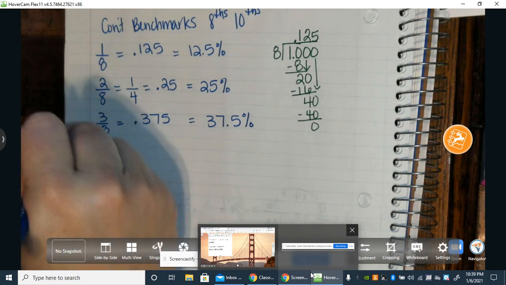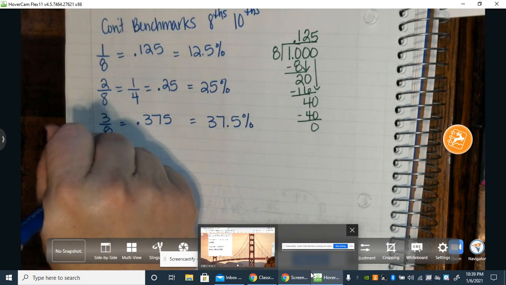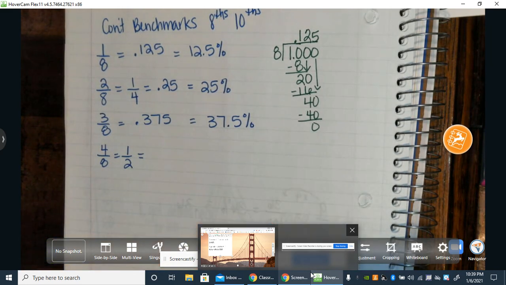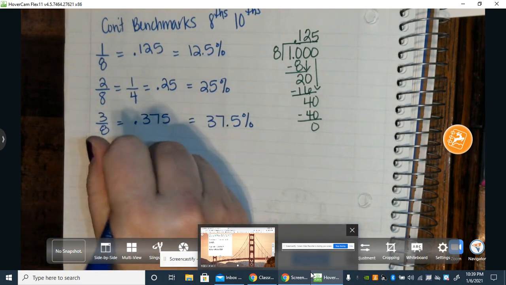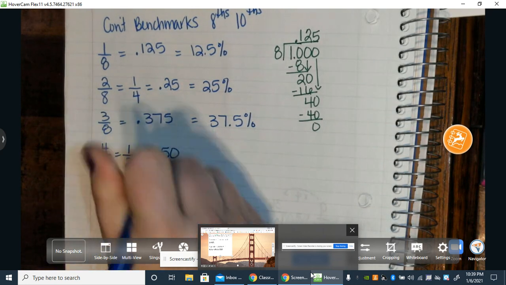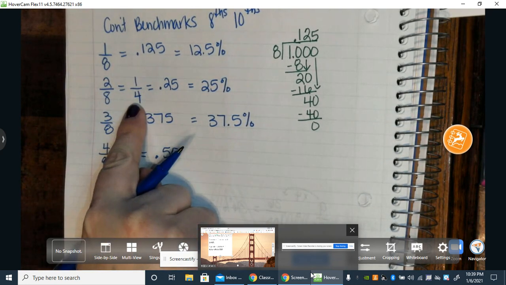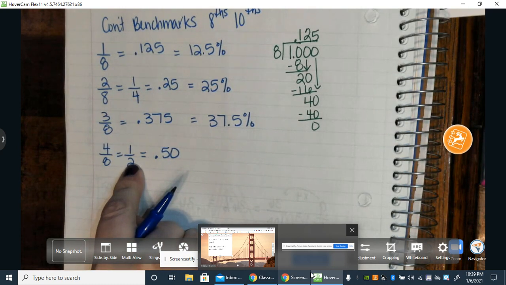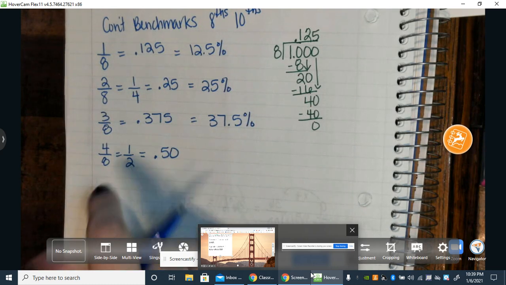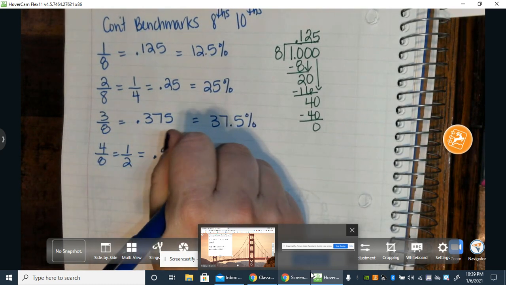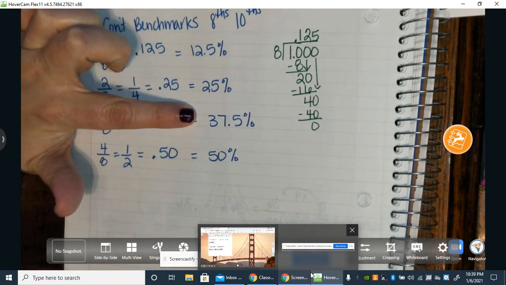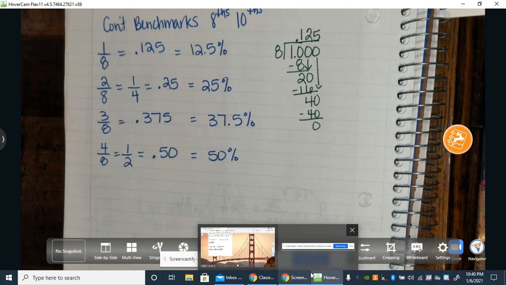Okay, then going down to 4/8, which is equivalent to 1/2, and that doesn't change. So like half a dollar is 50 cents, so it's 50 hundredths. So I know that if I double 1/4, I get 1/2. Well, I'll get 2/4, which reduces to 1/2, which is 50 hundredths, which is 50%. Or if I add 12.5% to 37.5%, I get 50%.